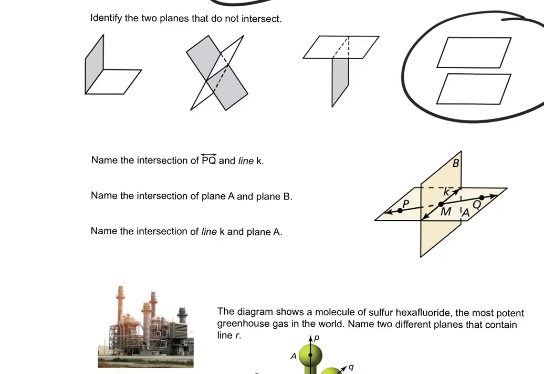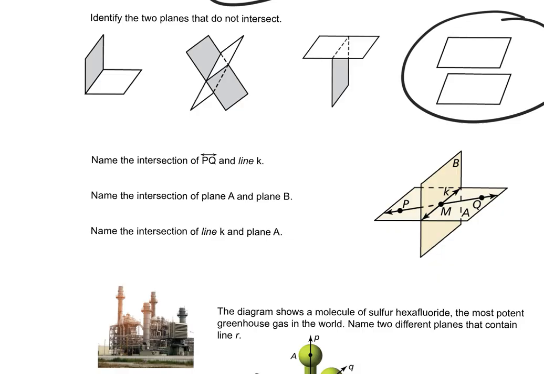This is line K. Line PQ starts at P, goes through Q, so it's talking about this line right here. It's the line that P and Q are both on. Line K is talking about this edge or this line right here. Here's the difference. P and Q are points.